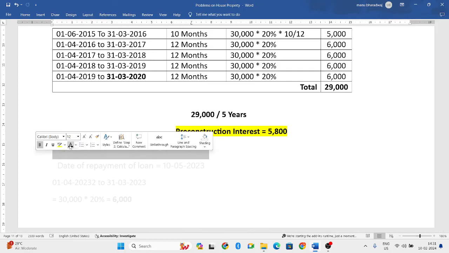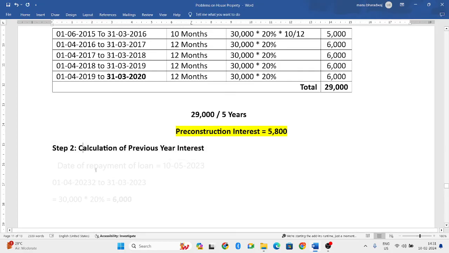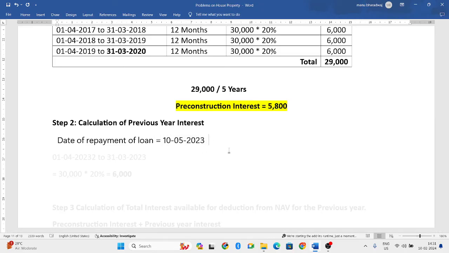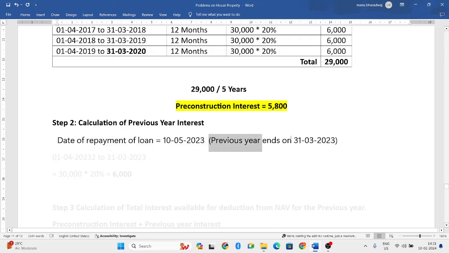Now step 2 will be previous year interest. For example, if we are paying any interest in the previous year, we have to calculate how much interest we have paid in the previous year. For this, the date of repayment of loan, 10/5/2023, is very, very important. 10/5/2023 is 2 months after the previous year ends. Our previous year ends on 31st March 2023. So even after the previous year is completed, we are paying the interest, which means in the previous year we have fully paid the interest.